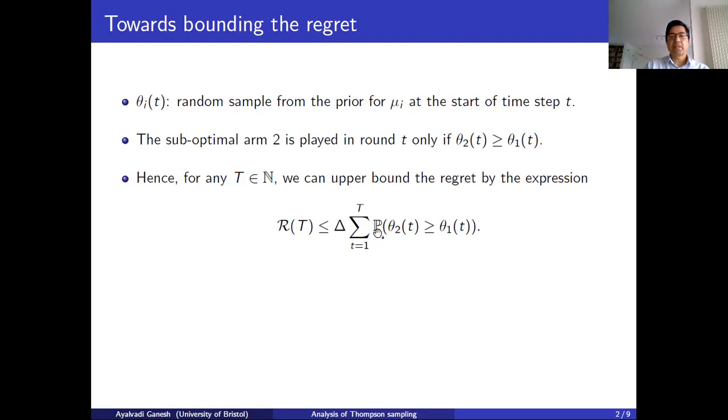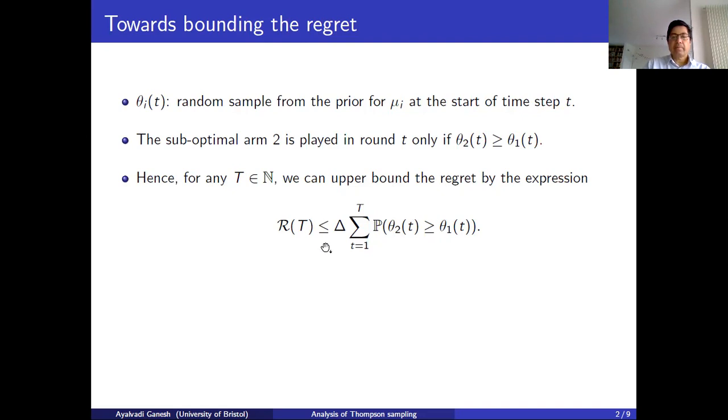So the expectation is exactly the probability that arm 2 is played, which is at most the probability that theta 2 is at least as big as theta 1. And it's exactly equal if ties are always broken in favor of arm 2. In fact, it's exactly equal anyway because the probability of a tie is 0. These are continuous random variables, beta random variables.